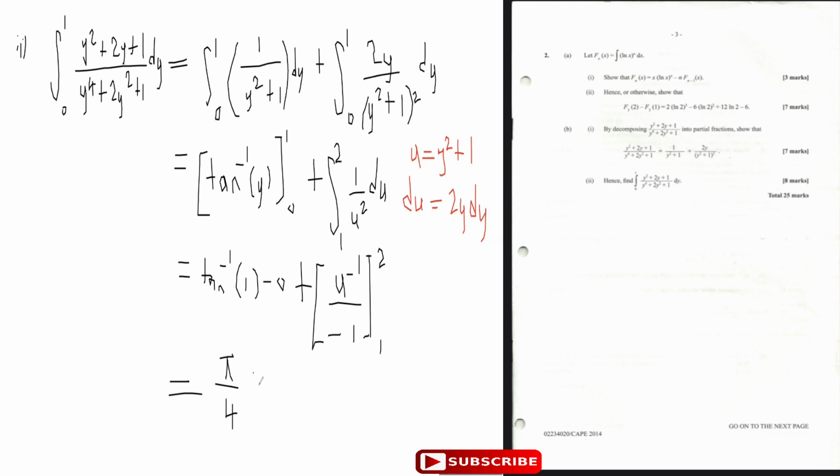Plus, we put in 2 and 1 now. When we put in 2, we have 2 to the minus 1, divided by minus 1, which is minus a half.